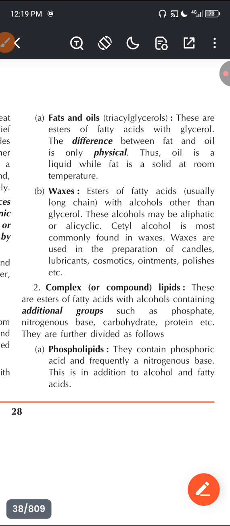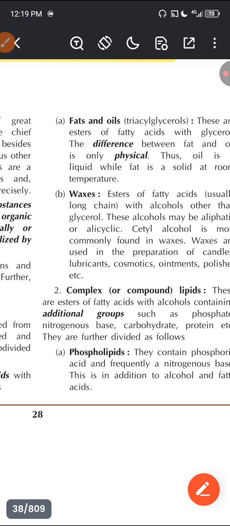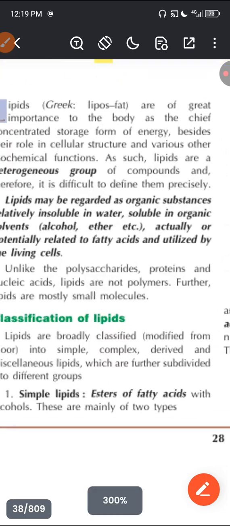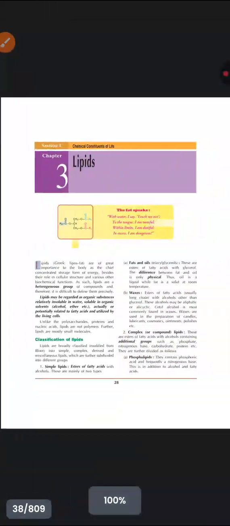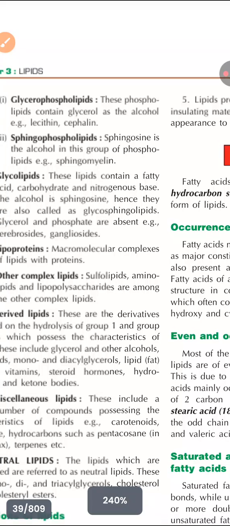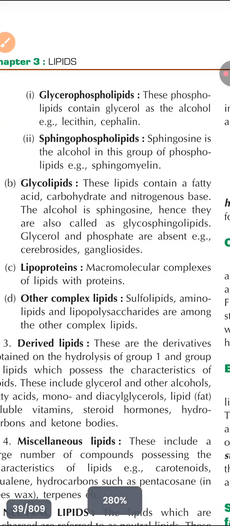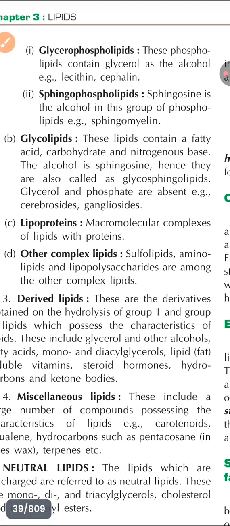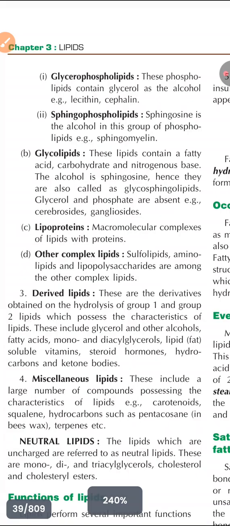You have alcohol in phospholipids, you have fatty acids, and also they contain phosphoric acid and frequently a nitrogenous base. We are going to be touching them one by one. That's why now I am just explaining. We are going to see them one by one. Don't say I did not say anything about them.